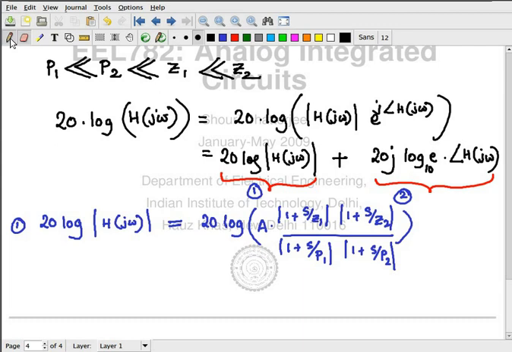The logarithm of a product of some quantities is the addition of the logs.